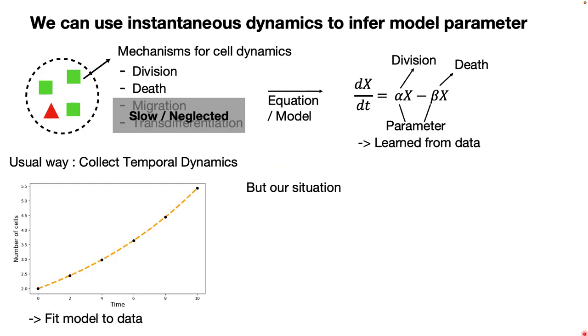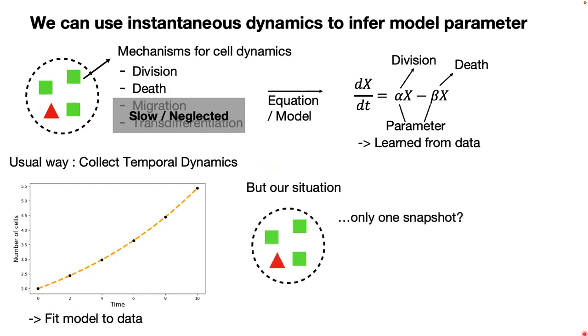However, our situation is that we only have this one snapshot. Then how do we know? So instead of this full dynamic, they use the instantaneous dynamics, or instantaneous rate, so you may know which cell is growing or which cell is going to die.